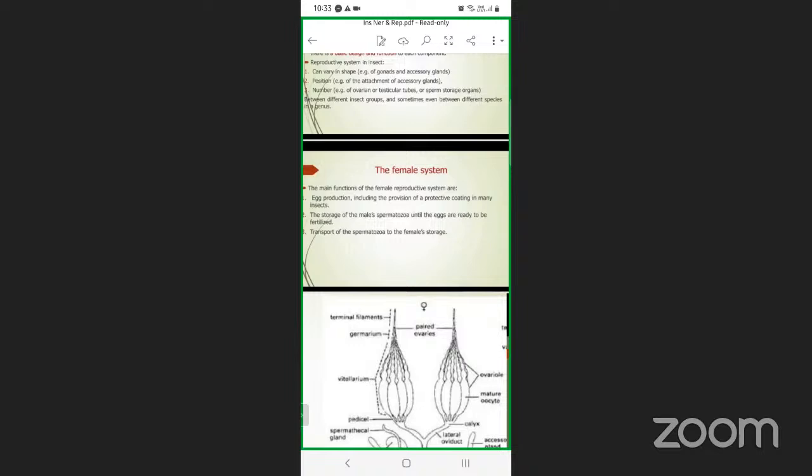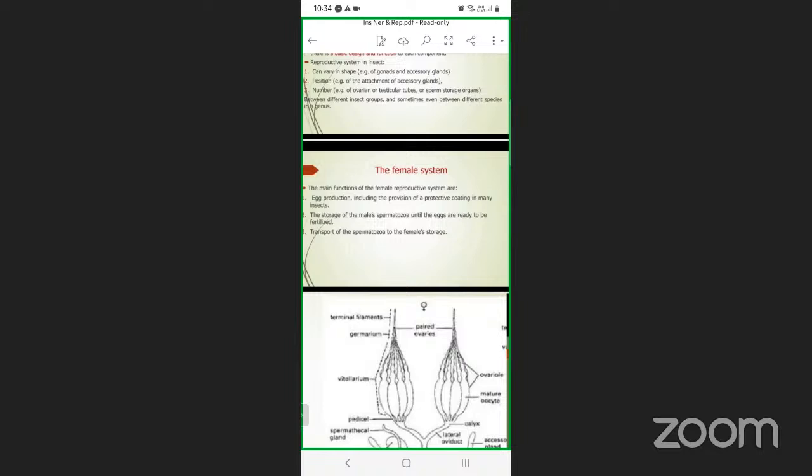So in the histology of the ovariole, we find an apical germarium and a basal vitellarium, and this particular one is covered by an outer ovariole sheath.